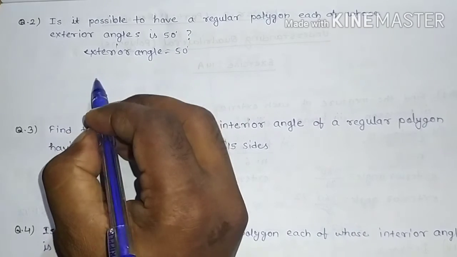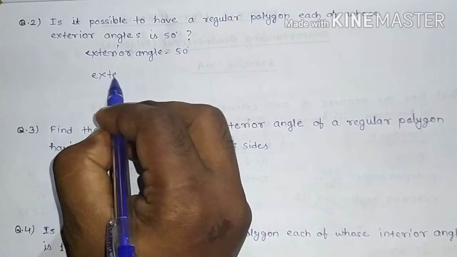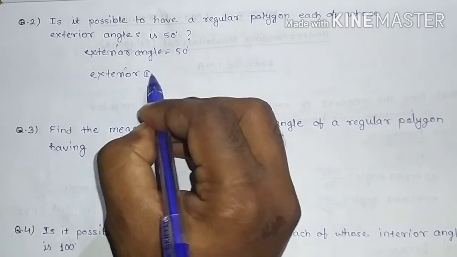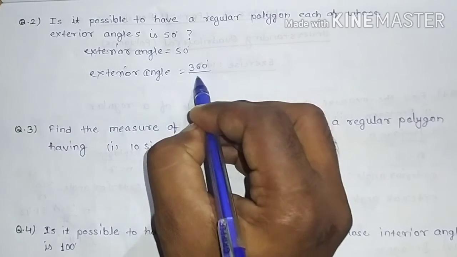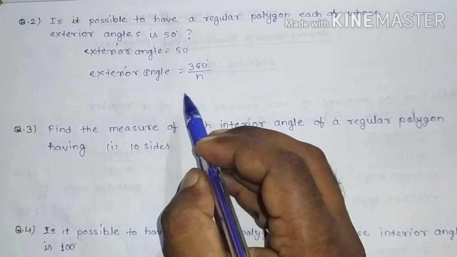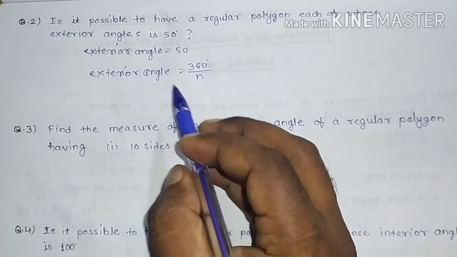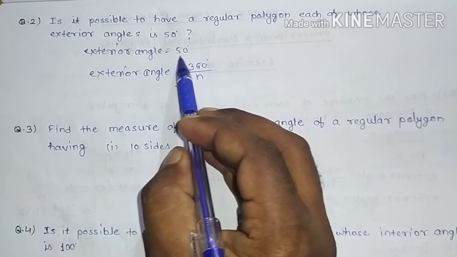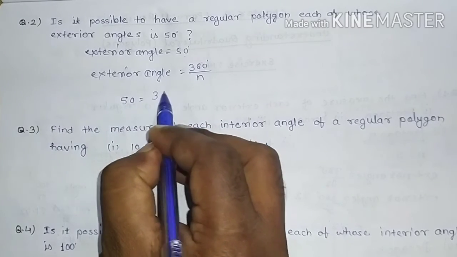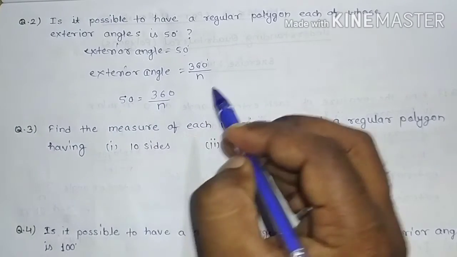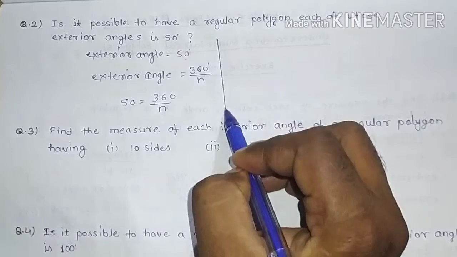The formula is exterior angle equals 360 degrees divided by n. Put the value of the exterior angle: 50 degrees equals 360 degrees divided by n, where n is the number of sides of the polygon.